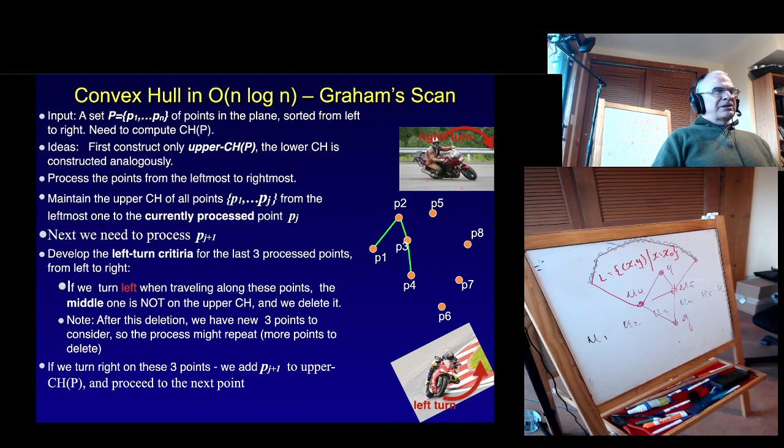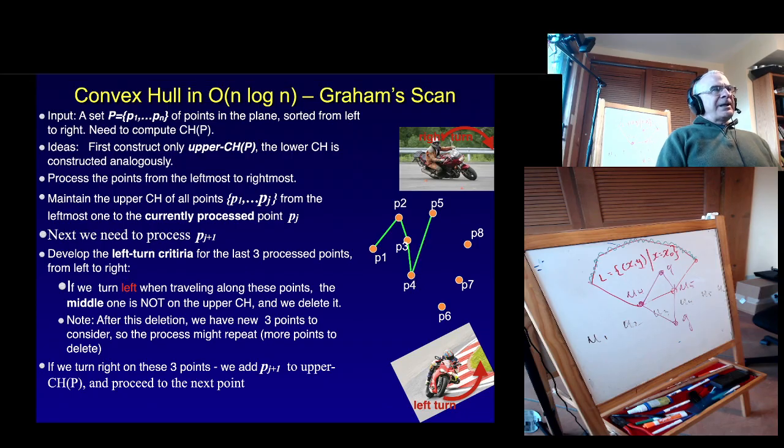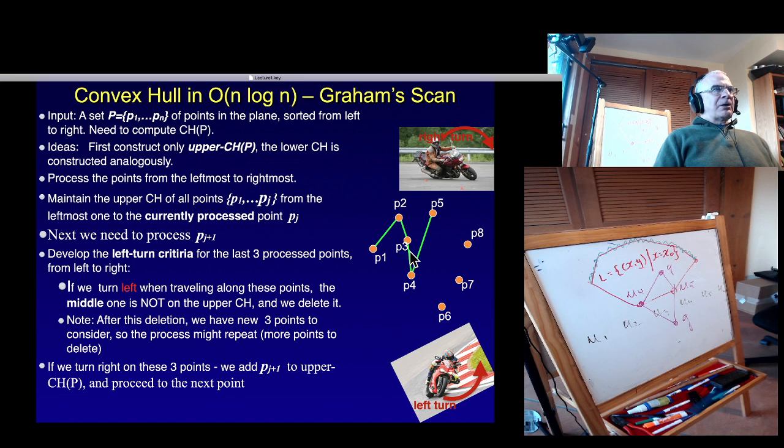I don't know about the future points yet. Here comes the interesting point. Now I'm inserting P5. When I'm meditating about P5, I still have no idea about P3. P3, as much as I know, might or might not be on the convex hull.